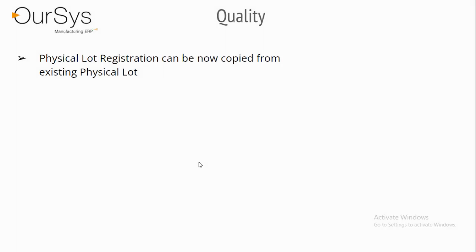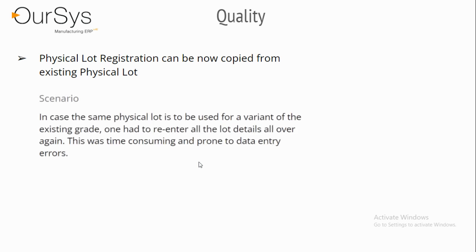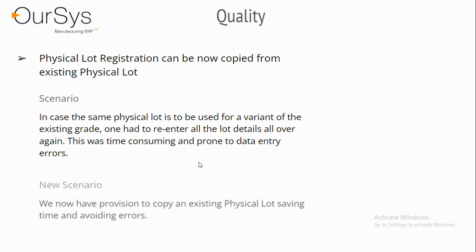The next thing we have done is also in the TC. The physical lot registration can be copied from an existing physical lot. In some cases, the same lot is repeated many times, so entering the data every time was very time-consuming, and it could cause errors if I entered anything wrong for the same lot.